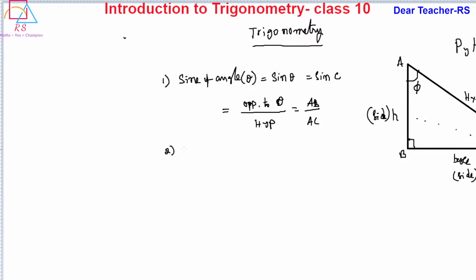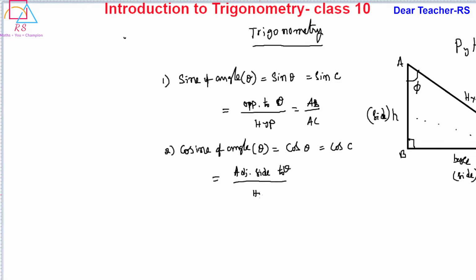The second trigonometric ratio is cosine of angle. Logically, you can remember these ratios. You should understand the ratio. So cosine, short form cos, cos theta, or cos angle C also, cos C. Now this is the adjacent side to theta, adjacent side to theta, and by hypotenuse.